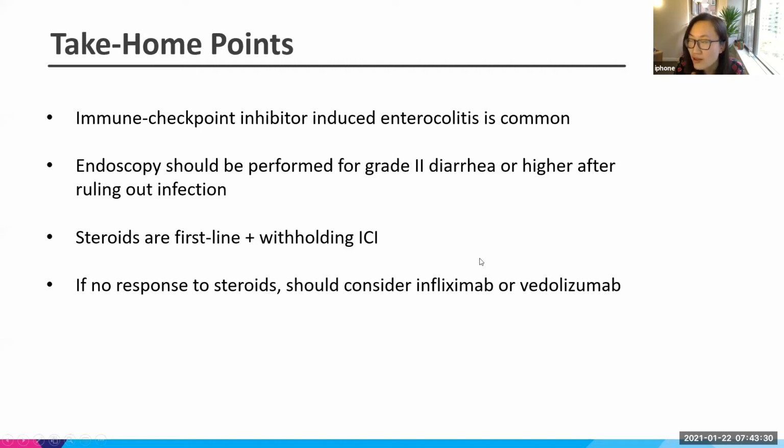The treatment after you make the diagnosis is withholding the immune checkpoint inhibitor and also high dose steroids. If there's no response to steroids or a relapse, then patients should be considered for infliximab or vedolizumab. And I would love to hear people's experience on treating immune checkpoint inhibitor colitis with a biologic. We'll try to make sure this gentleman follows back up in GI clinics so we can have those discussions.